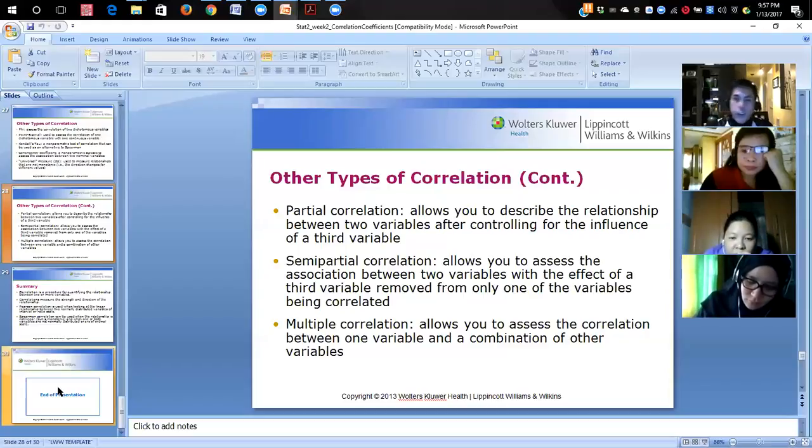Don't be an ANOVA researcher. Don't label yourself a regression researcher, but be true to what you are trying to measure. What's your research question? Be true to the foundations of the statistics, and then choose the statistics that you would like to use for your study.